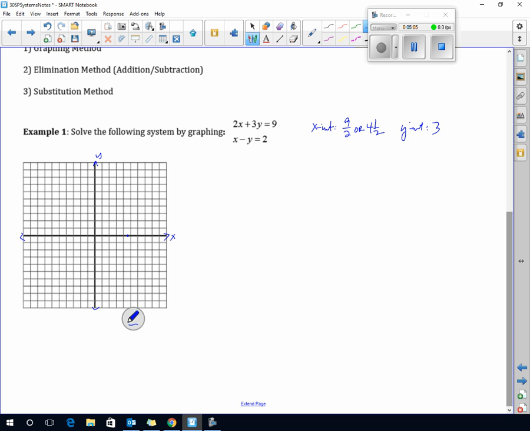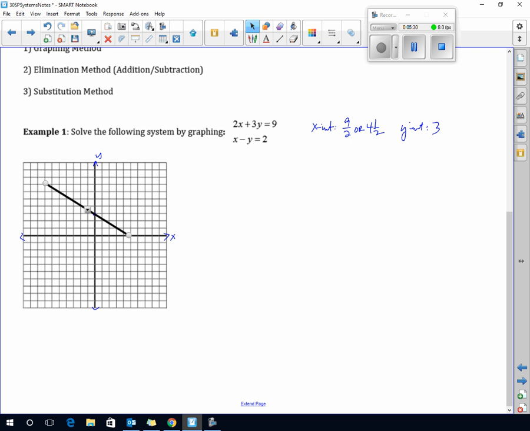I'm going to take my line and connect the dots. Obviously, you can't do a short stubby line, so I'm going to extend it and extend it. Now I have the first line drawn.